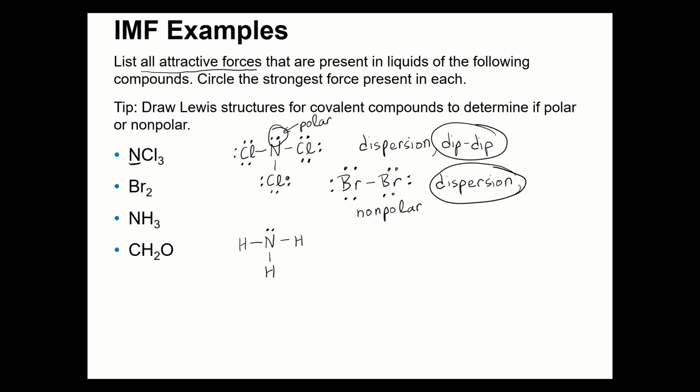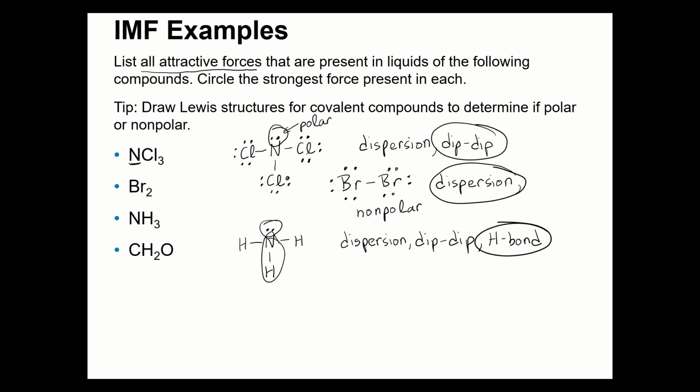The lone pairs on the external atoms, like those chlorines in that first example, do not help you determine polarity. But that lone pair on that nitrogen does tell you that the molecule is polar, so you have dispersion, you have dipole-dipole, and because you have a hydrogen directly bonded to a nitrogen atom, you have hydrogen bonding as well. And so hydrogen bonding is going to be the strongest.